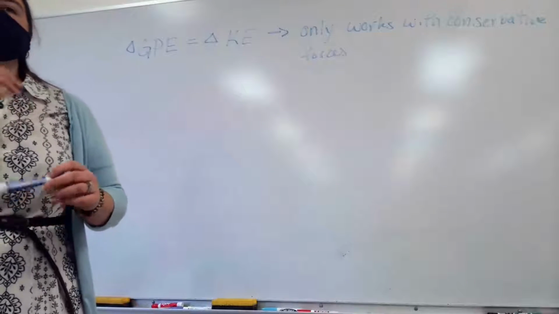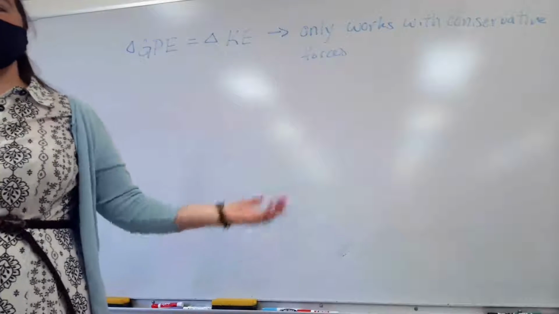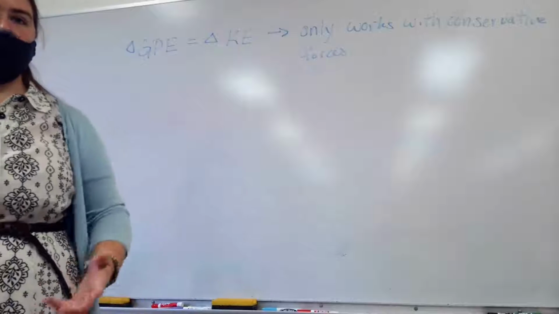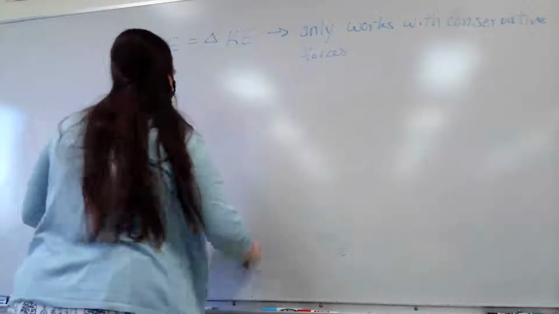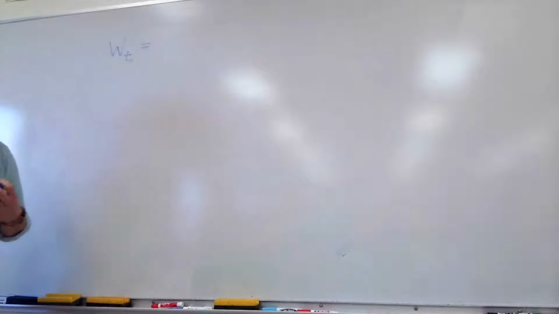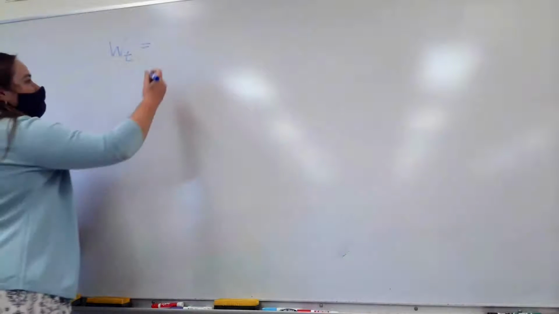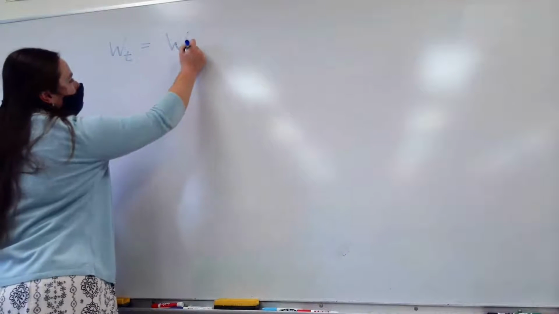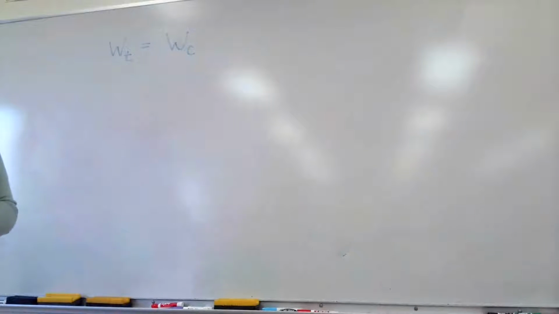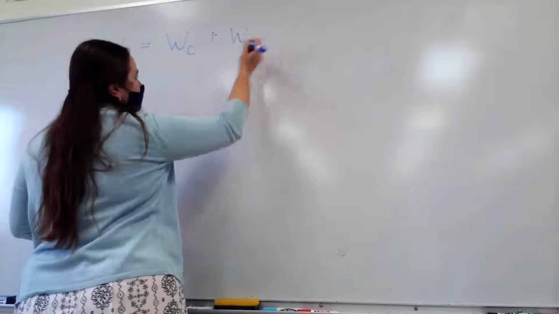So to figure out how we can get our non-conservative forces into this, let's go back to our definition of work, right? Now, we can write something that's pretty simple, pretty darn likely to be true. The total work done, I've written it as work total, so W sub T, is going to equal the work done by conservative forces, okay, plus the work done by non-conservative forces.